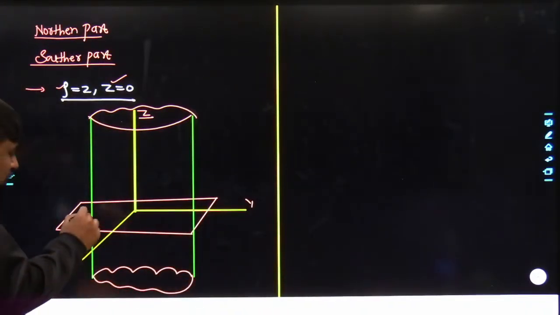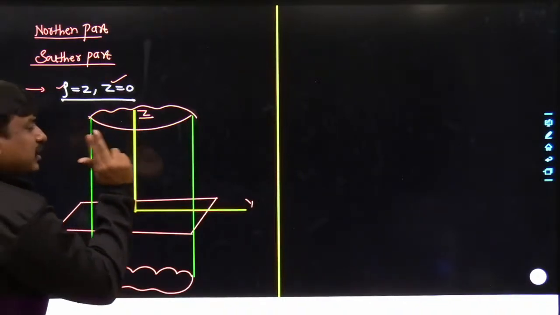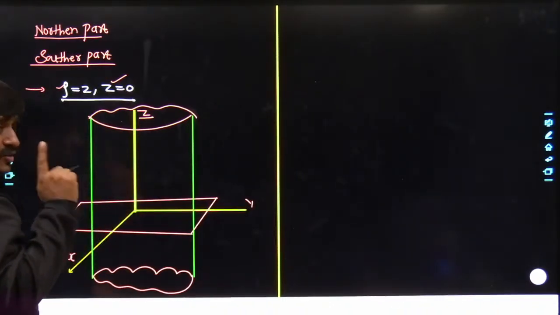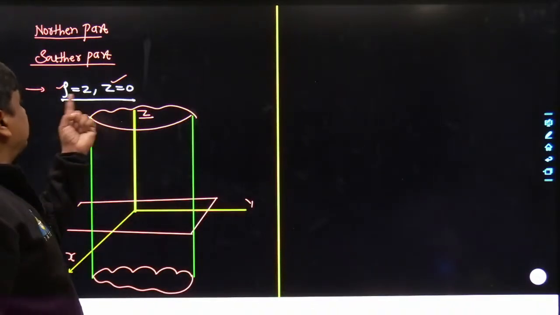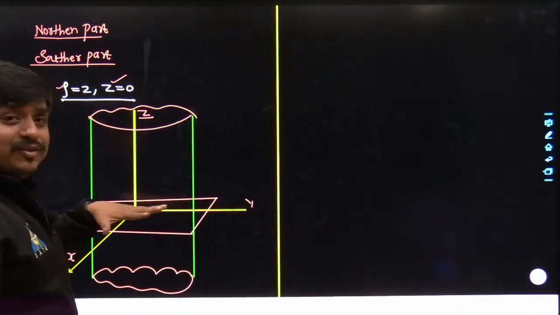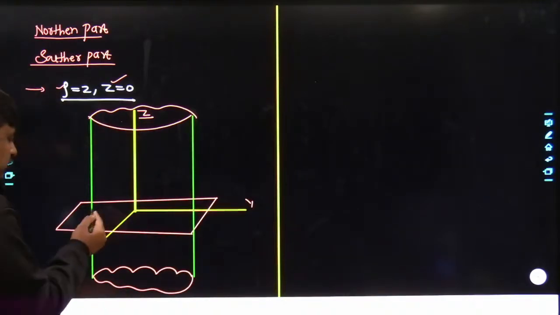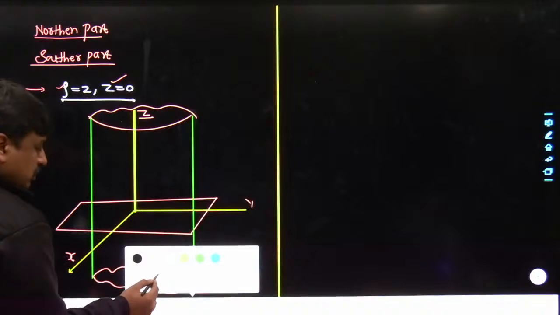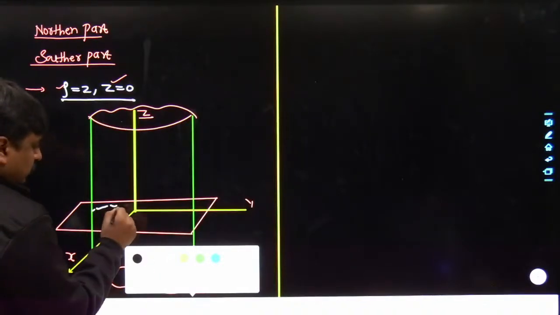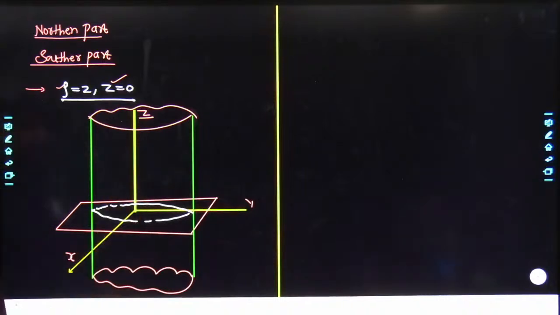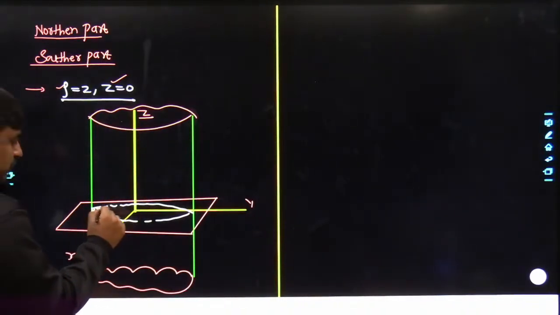That is possible only if this complete cylinder makes a projection over the z is equal to 0 plane, which is going to be a circle having radius equal to 2, centered at the origin and placed over the z is equal to 0 plane. If you take this structure, it would look like this. This is the region which I was looking for.